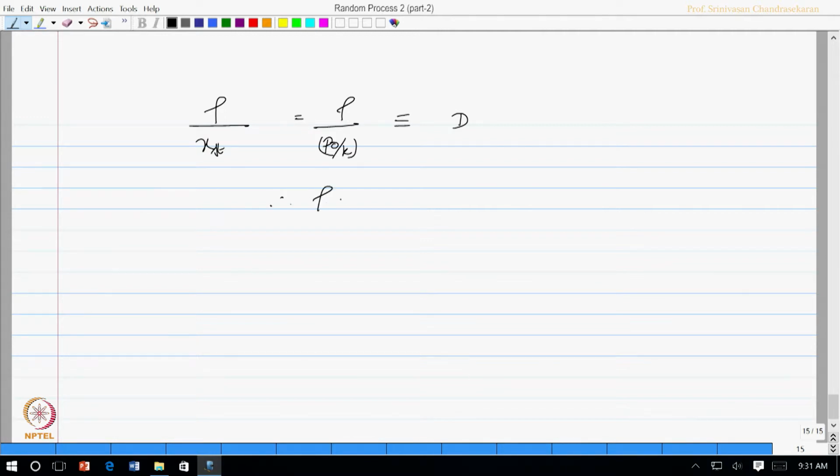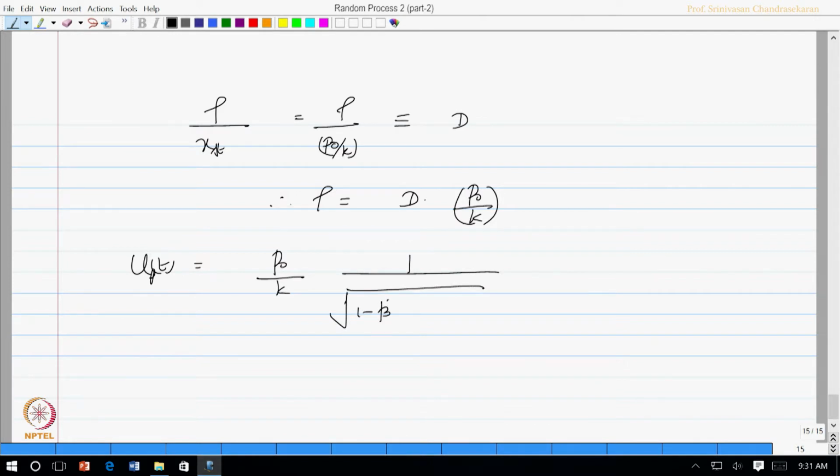Therefore, rho can be simply said as D times P0 by k. So, now u p of t is actually P0 by k times 1 by root of (1 minus beta square) plus (2 zeta beta) square, times cos(omega t minus phi). I call this equation number 13.